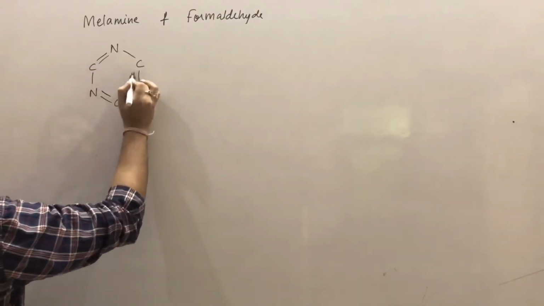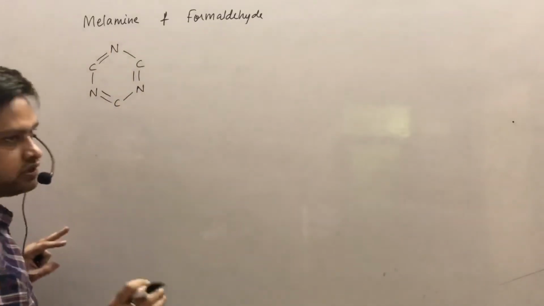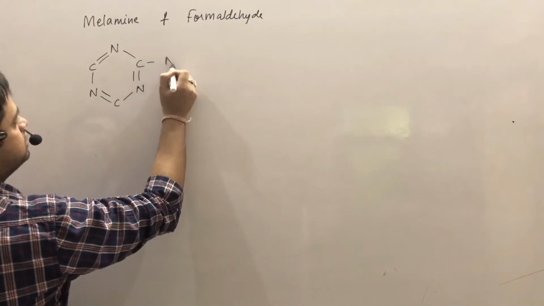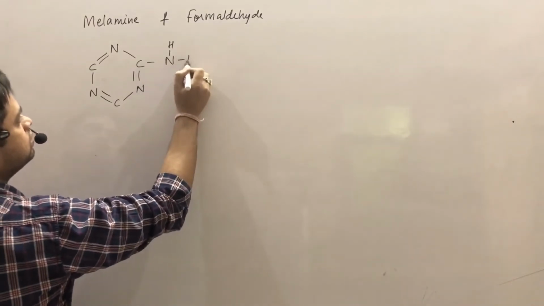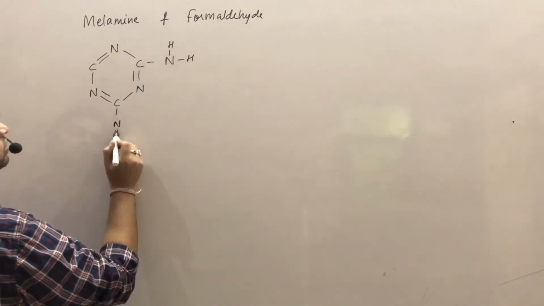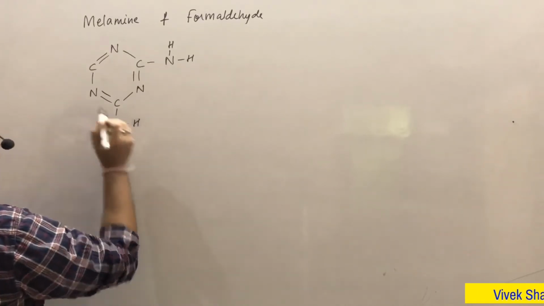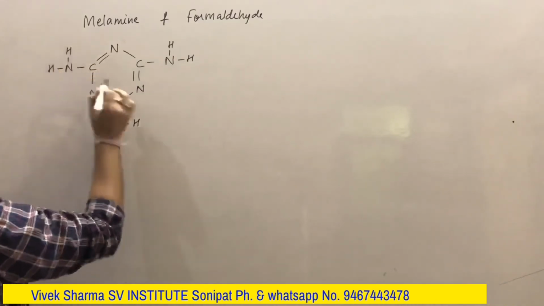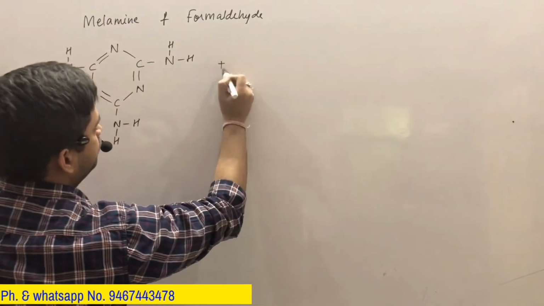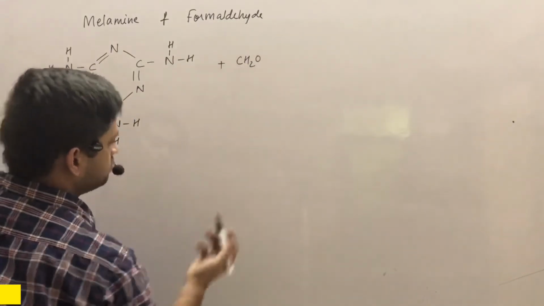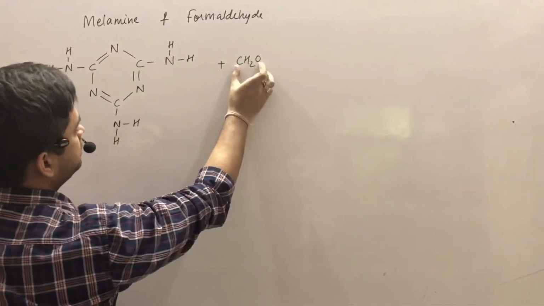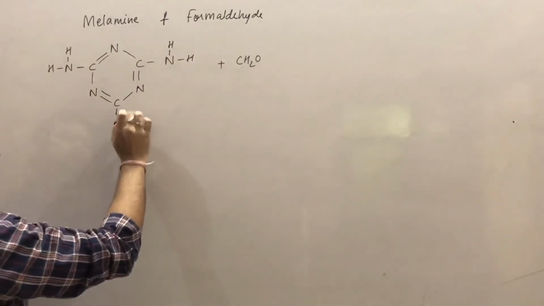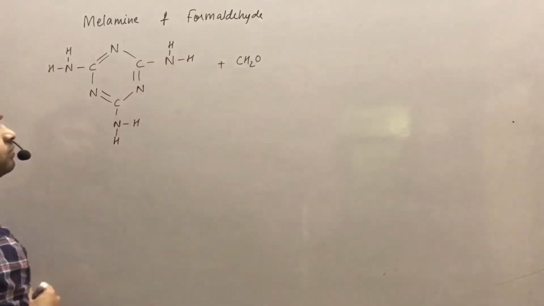So the valencies of nitrogen get fulfilled, and carbon is attached to an amine group. Each carbon is attached to an NH2 group. This is melamine, and formaldehyde is CH2O. Again, it will adjust between nitrogen and hydrogen at two positions, at this position and this position.